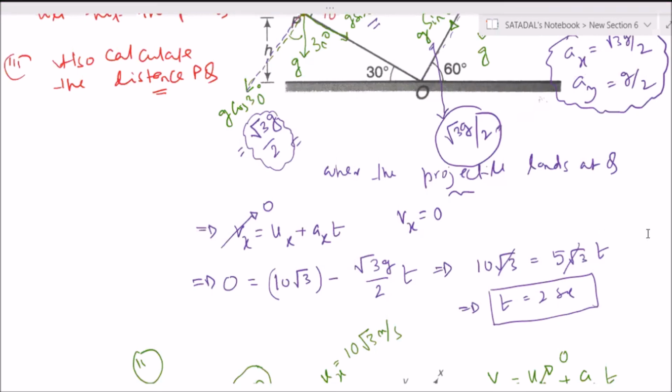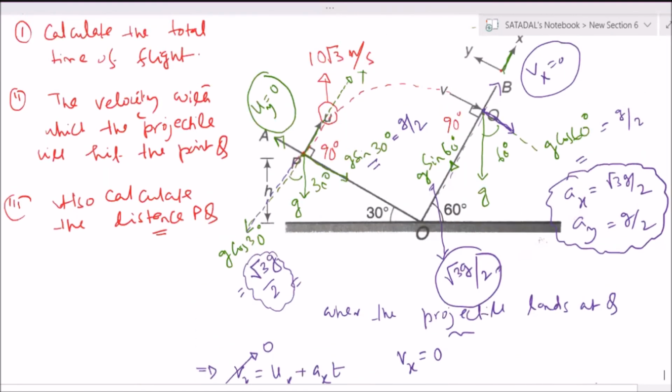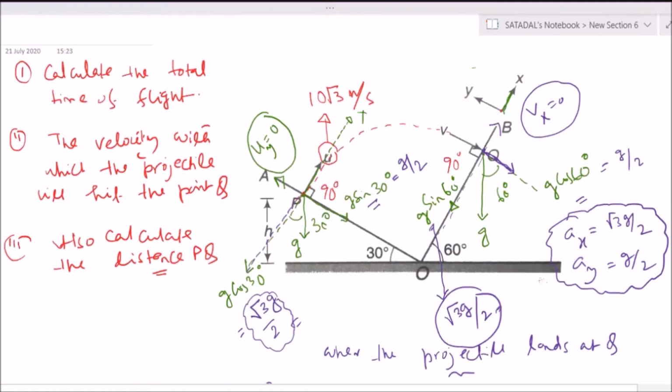Sir, to consider gravitation, which side should we take, sir? Left side or right side? Any part, you are getting the same value. That's what I have shown. When such kind of questions are given, if you have taken this as x-axis and this is y-axis, this works because these are complementary angles.